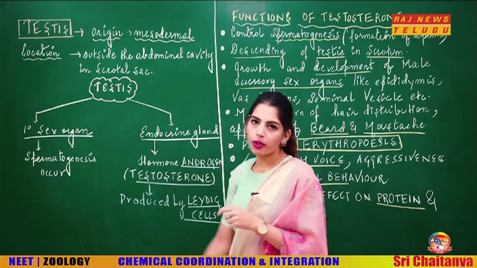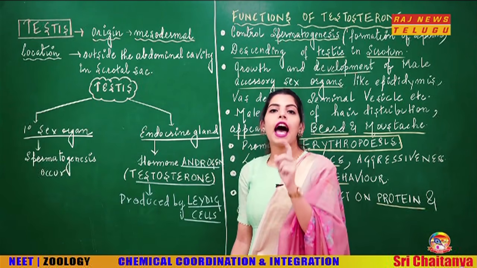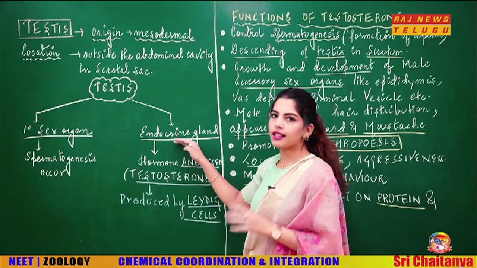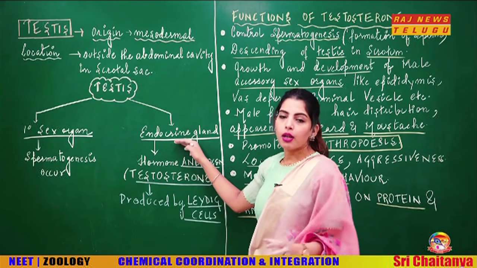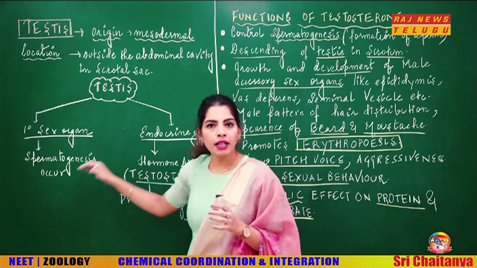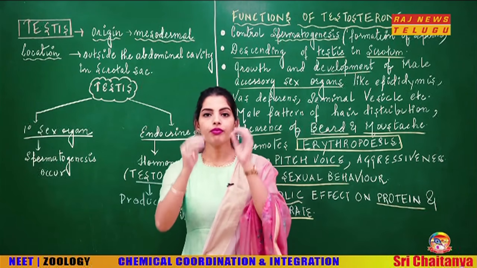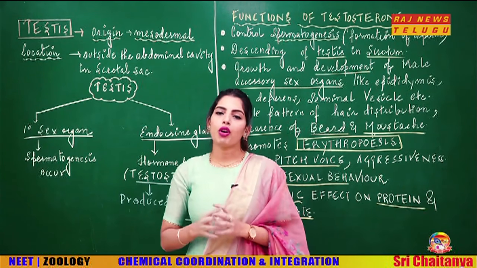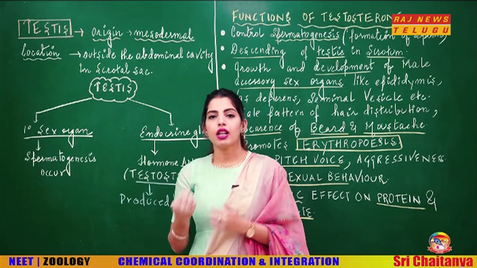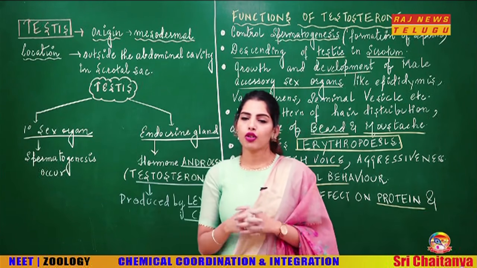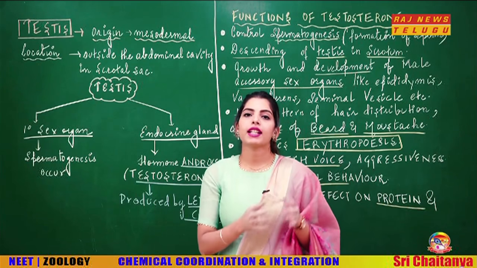I have written it over here that the testis acts as a primary sex organ as well as a endocrine gland. When I say it is acting as a primary sex organ, how do you define a primary sex organ? The organs where the process of gametogenesis or the gamete formation is taking place are called the primary sex organ.